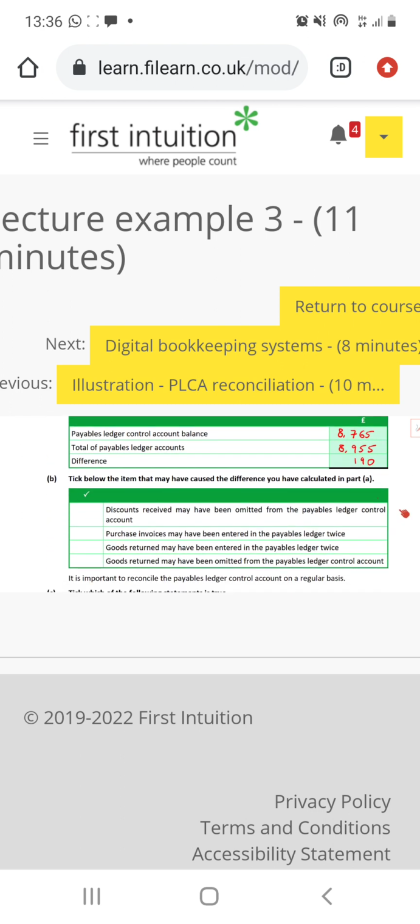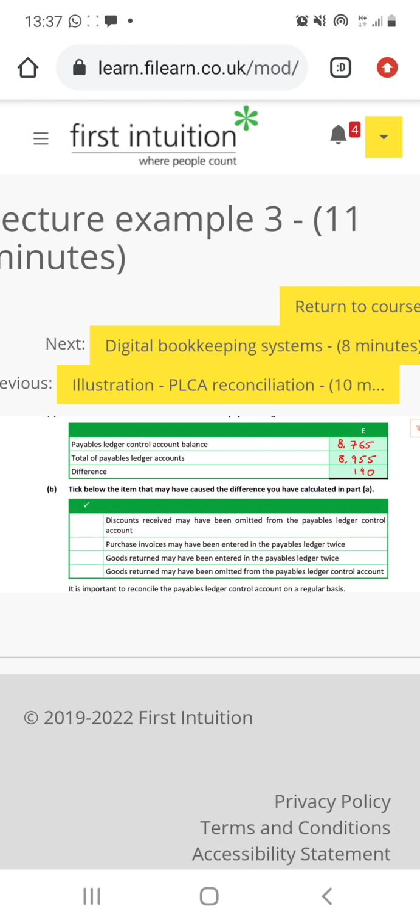Second bit is always the most awkward part if you get a question like this come up, and you could easily get something like this come up in the assessment. Tick below the item that may have caused the difference. So remember, what we're looking at here is some form of difference, meaning that either the list of payables ledger control account balances is now too low, or that the list of the individual supplier accounts is too high.